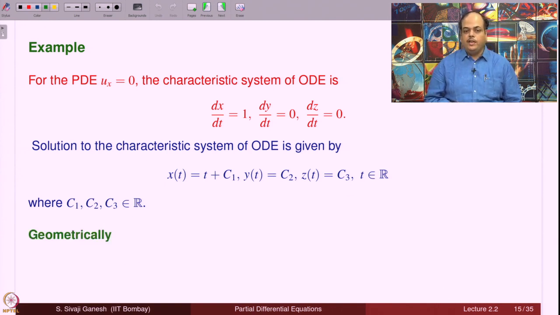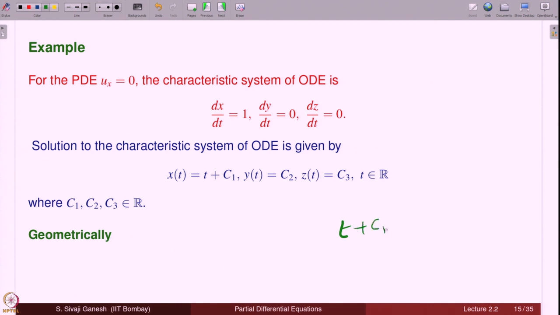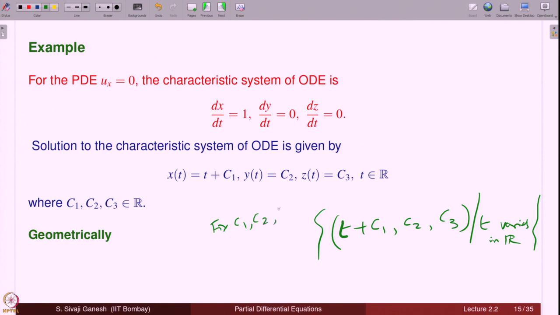Now, what is it geometrically? What we have to look at is this 3-tuple (t plus C1, C2, C3) as t varies in R, t belongs to R. Of course, to write this down, fix C1, C2, C3 and look at this. This is a line, right.